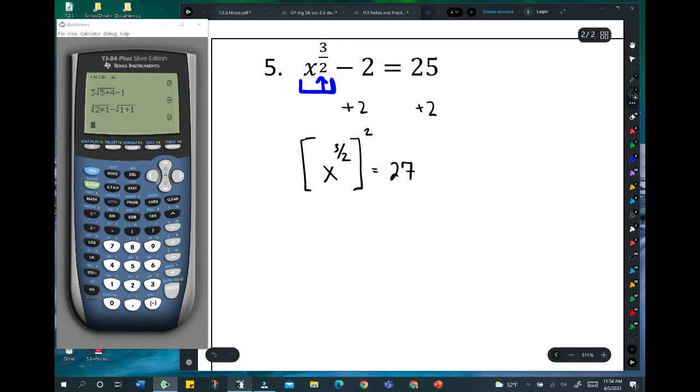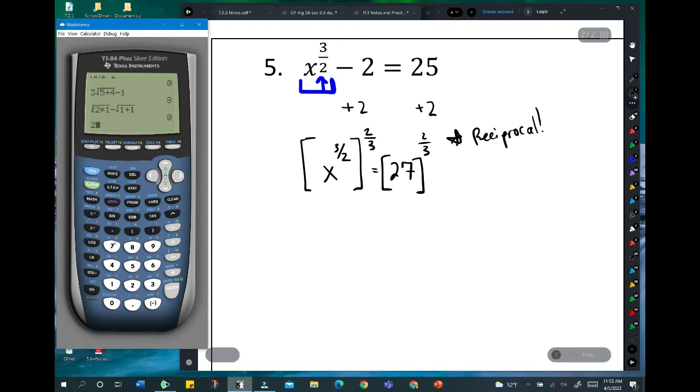So we're going to raise it to the 2/3, sorry. So 2/3 reciprocal power. And that you're going to use your calculator for. 27 to the 2/3 is going to equal 9. So x is equal to 9.